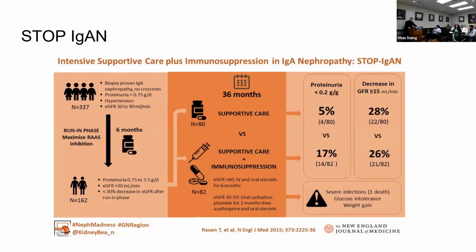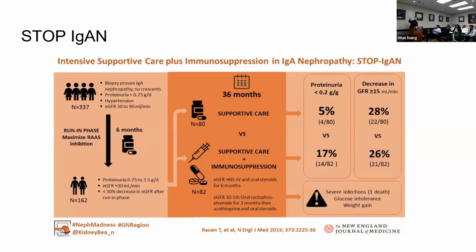There are two primary outcomes in this trial. Number one is full clinical recovery, which means proteinuria less than 0.2 gram per gram.